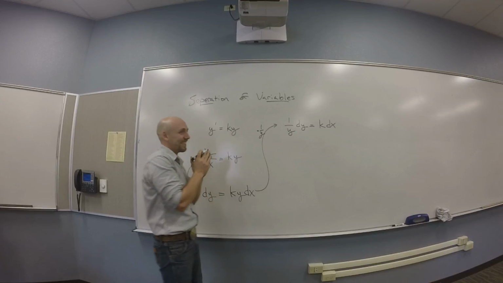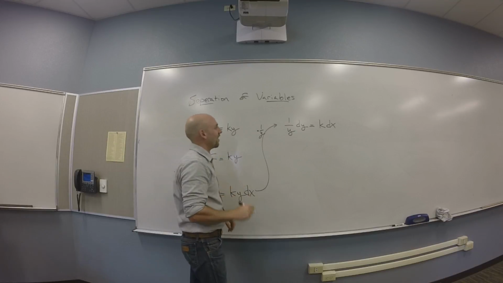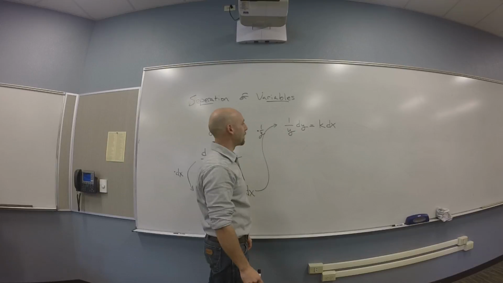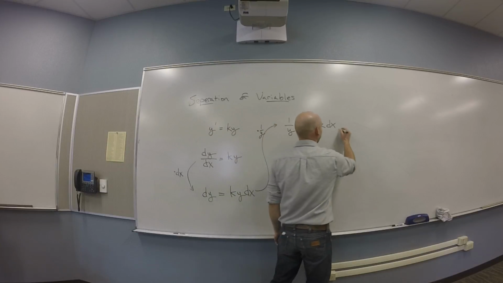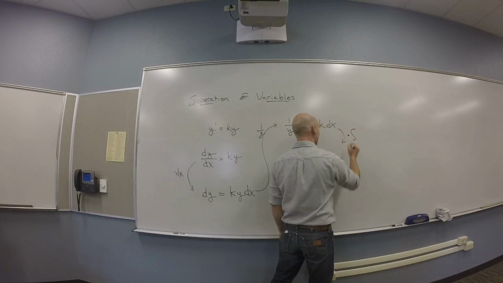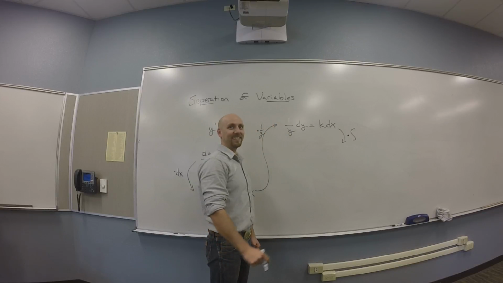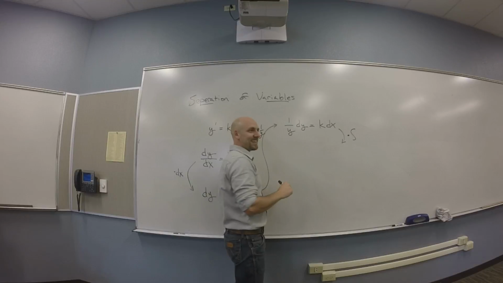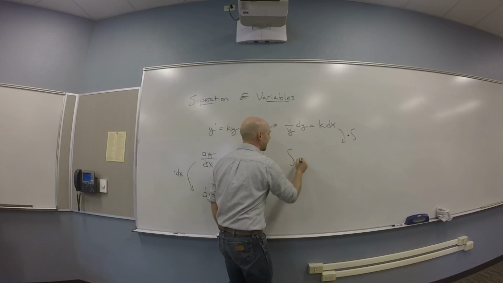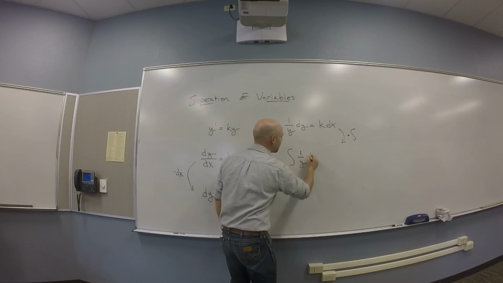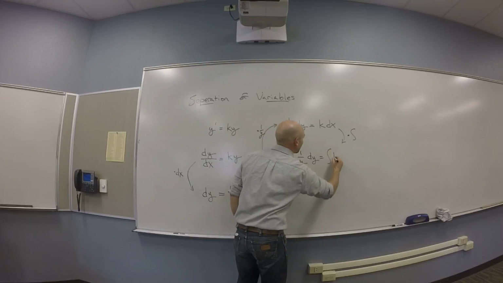We're going to slap a squiggle on both sides. We're going to d both sides. So we're going to get the integral of 1 over y dy is the integral of k dx.